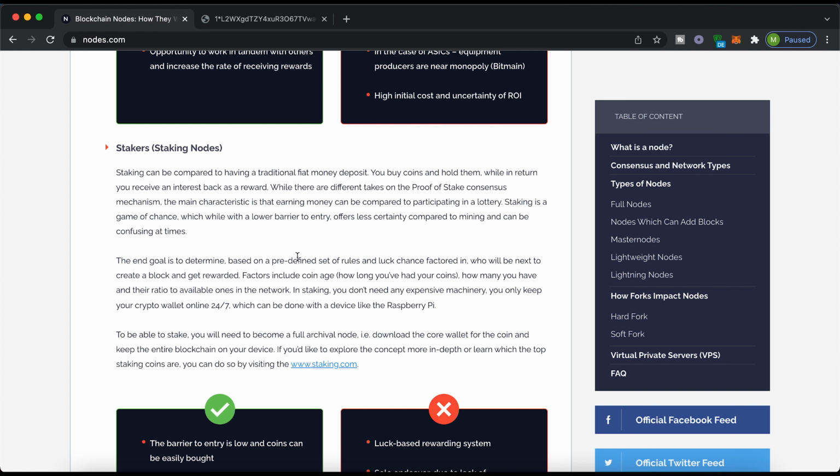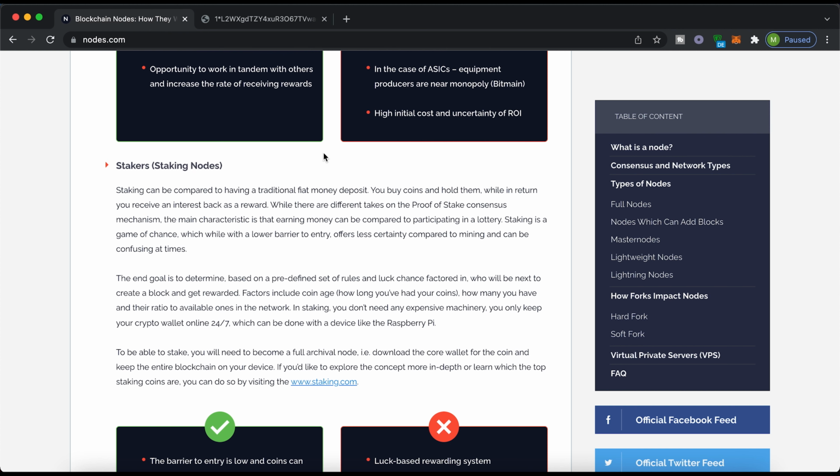So how this works is similar to how miners work. Proof of stake is considered kind of like a lottery or a traditional money deposit. You buy coins and hold them, and in return you receive interest back as reward.